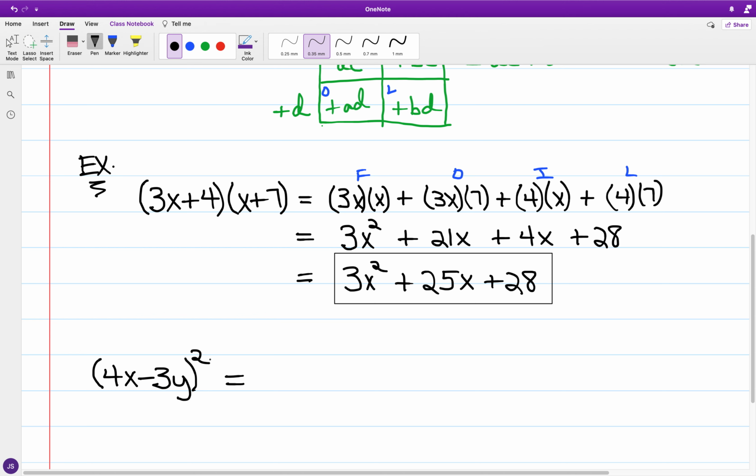What that 2 means is not that 4x minus 3y is multiplied by 2. If you write solely in terms of multiplication, that 2 is the number of times that 4x minus 3y is going to appear. Had this been to the third power, this would be 4x minus 3y times itself times itself.